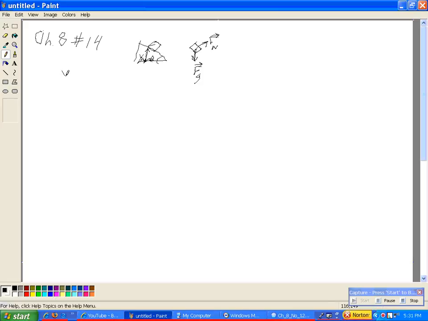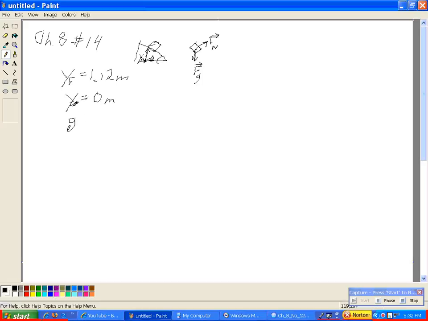Now, let's see what else they give us. They give us that the height that it reaches is 1.12 meters. All right. The initial height would then be 0 meters.